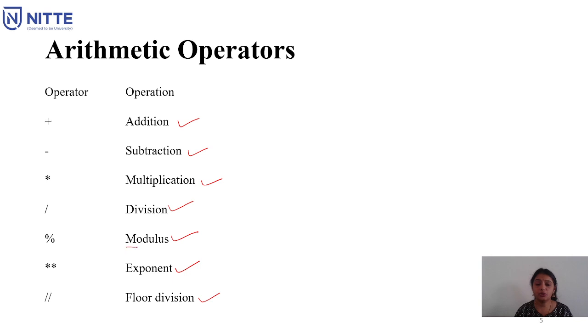There may be confusion in understanding the modulus operation. The modulus operation is nothing but considering the remainder of the division operation. In division, you consider the quotient as your result, but in modulus, you consider the remainder as your result.